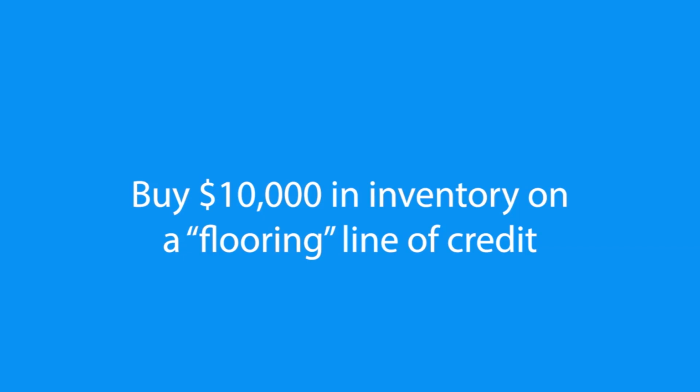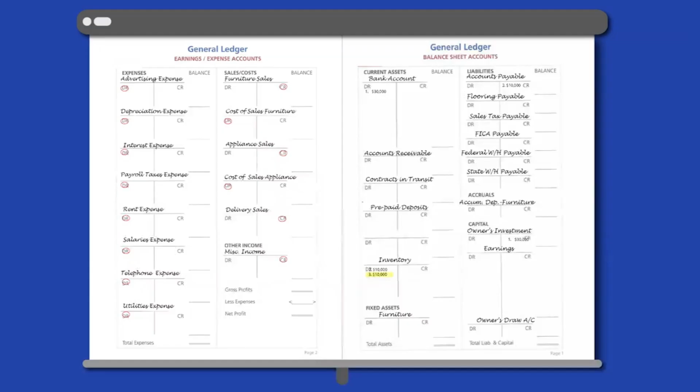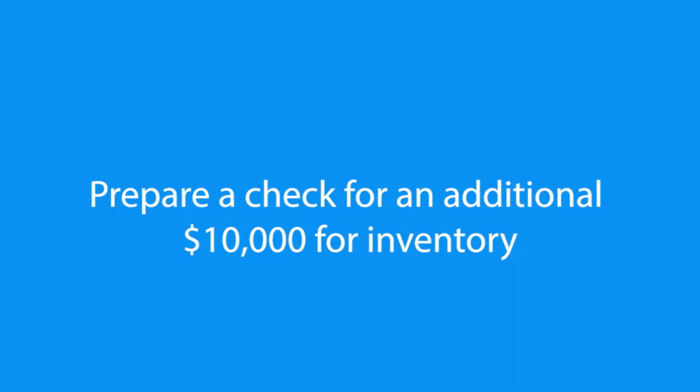Okay, Sini, what'd you do? What'd you do to inventory? Debit inventory, $10,000. Good. So debit inventory, $10,000. Credit flooring payable, $10,000.